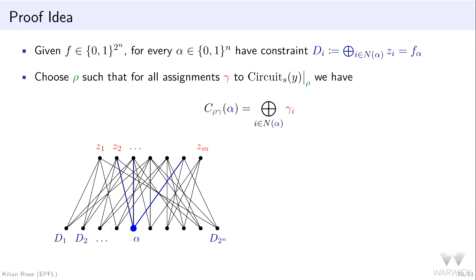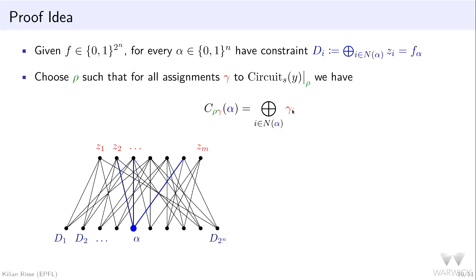Okay? So what we want to do is restrict the first part of the formula, so this circuit sub s of y part, by a restriction rho, so that all remaining satisfying assignments gamma to this first part of the formula actually encode a nice circuit that on input alpha computes the XOR of the neighborhood of alpha on some constants gamma.